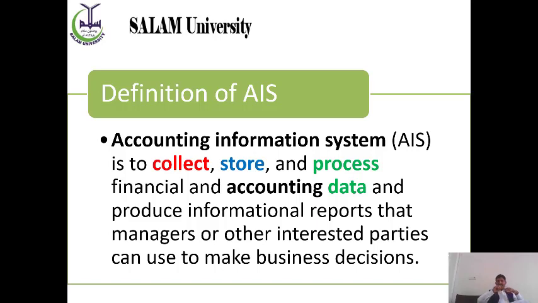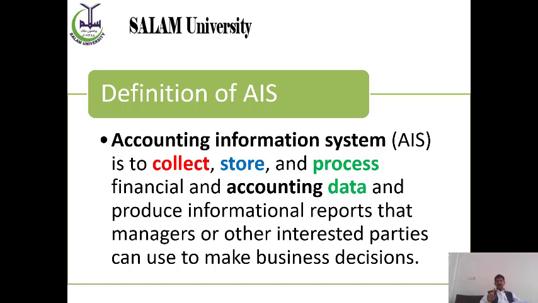And then after processing it, it turns it into reports, and the reports give specific information to specific parties: the managers, the government, the tax authorities, the customers, the suppliers, the employees, whatever the users may be. And then all of these users make business decisions. You understand?